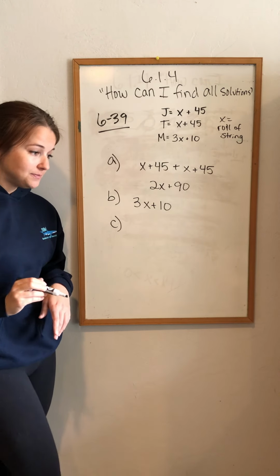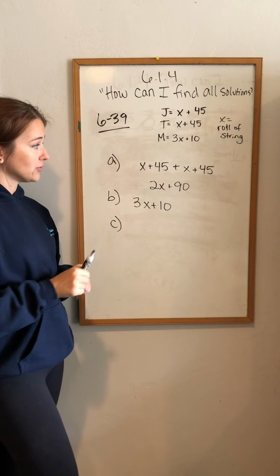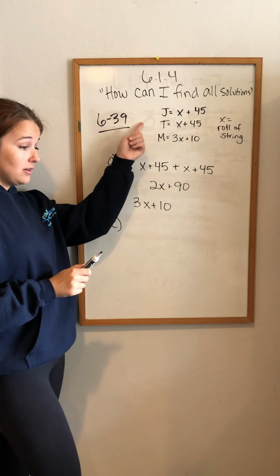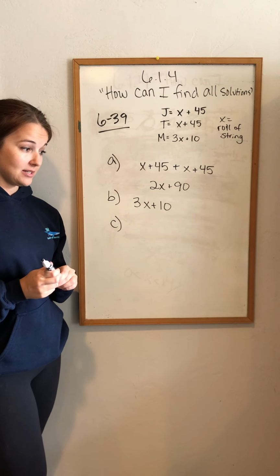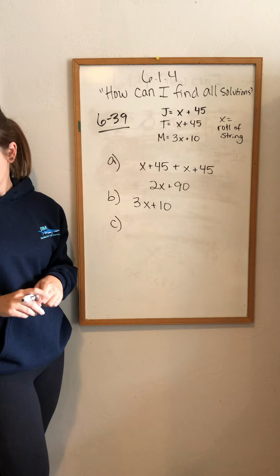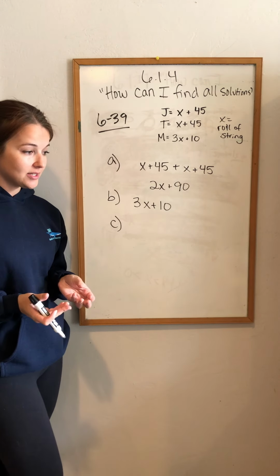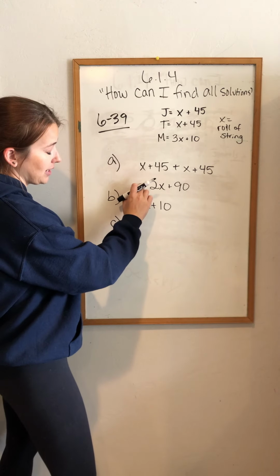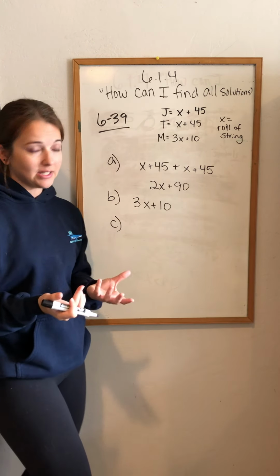Now for part C, how long does a roll of string have to be for Jordan and Terry to be able to fly their kite higher than Morgan's kite? Show your answer as an inequality and on a number line. In order to do this, I set both expressions up as an inequality.